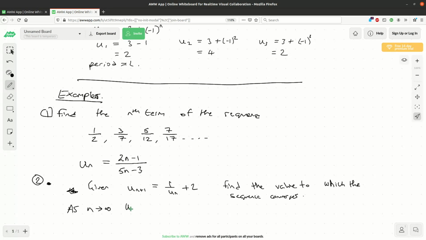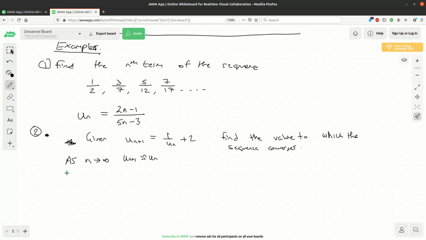Well, now we can use this idea by saying, if the limit is, say, x, let the limit be x, because then x equals 1 over x plus 2. In other words, when n is sufficiently large, close to infinity, the next term should equal 1 divided by the last term plus 2.